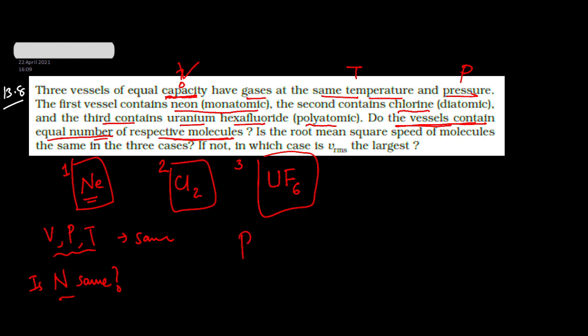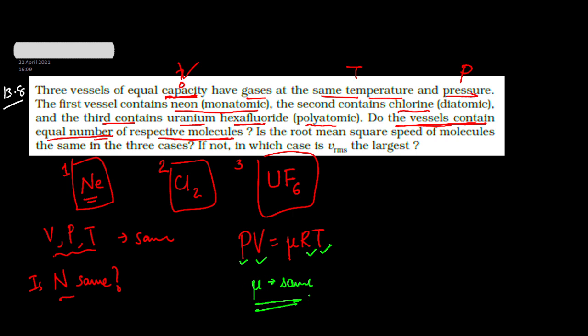Yes, first of all we should use the ideal gas equation. This will tell you that because P is same, V is same, R is a constant and T is same, mu is also same. Yes, you can do it like that, no problem.